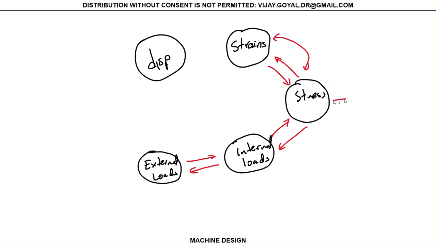We got the stresses. Given stresses, how do I find my strains? If you remember from your mechanics of materials textbook, you use what you call your famous Hooke's law. Now, Hooke's law comes under the assumption that this is linear elastic. When I talk about linear elastic, what am I really talking about?